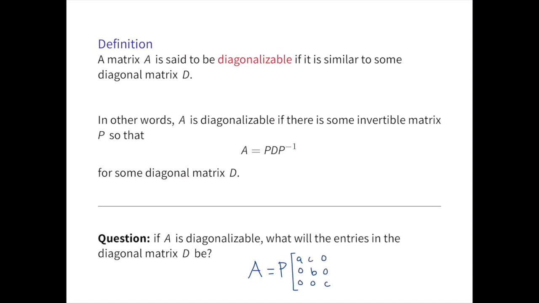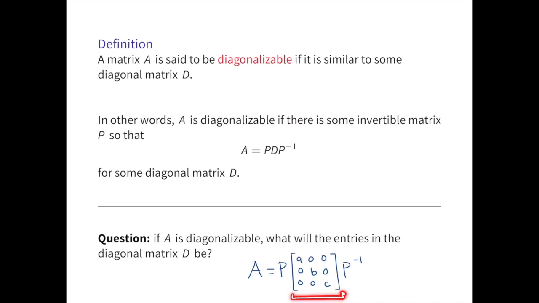That's what we want to do. So if we have a matrix A, and if it's similar to a diagonal matrix D, what does that tell me about these numbers here? Well, notice that those numbers there, a, b, and c, are going to be the eigenvalues of the matrix D.